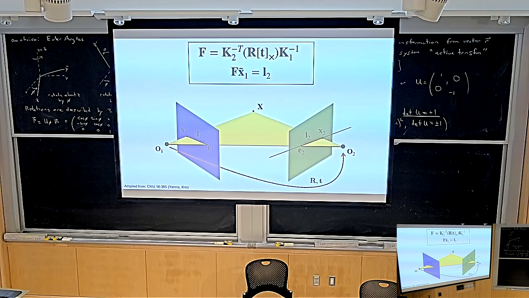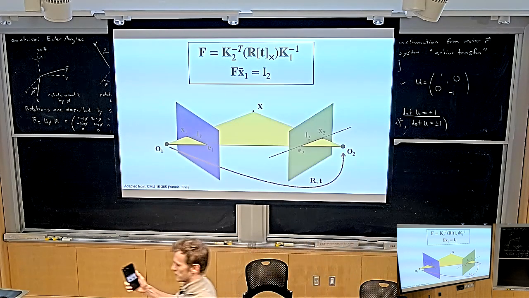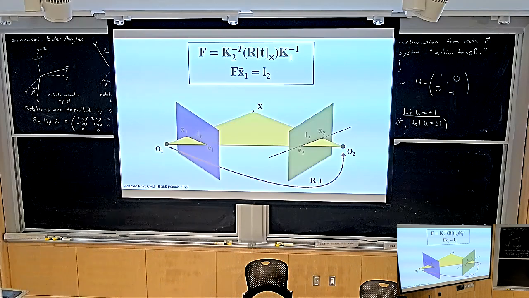For instance, if you have a homogeneous pixel coordinate x1 tilde, you multiply it with the fundamental matrix, and you get out the three-vector that encodes the line. It's a homogeneous line, so it gives you the parameters of the implicit equation: all of the points that you slot in there that give you 0 lie on the epipolar line.